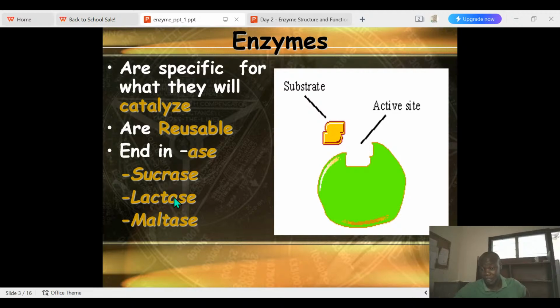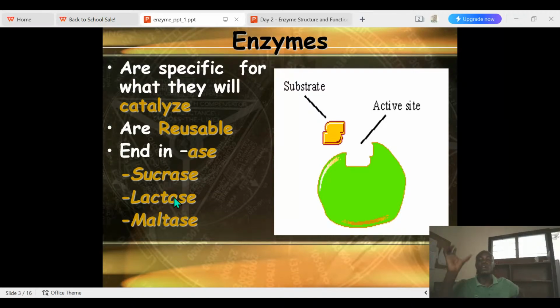For example, pepsin and trypsin are all enzymes but do not end with ASE. So sucrase, lactase, and maltase are examples of enzymes that end with ASE, and in the current system of classification, enzymes end with ASE.